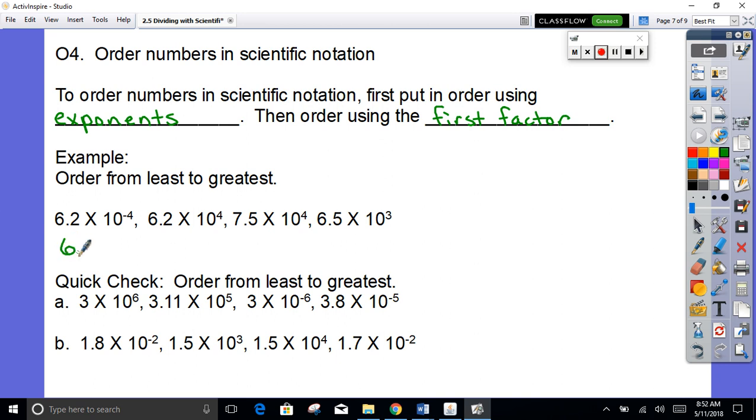So we would put 6.2 times 10 to the negative 4th first. Then something times 10 to the 3rd is like multiplying it times 1,000, so that would be next. We'd have 6.5 times 10 to the 3rd. Then we have two choices where it's times 10 to the 4th. So then we look at the first factor. 6.2 is smaller than 7.5, so 6.2 times 10 to the 4th is going to be smaller than 7.5 times 10 to the 4th.